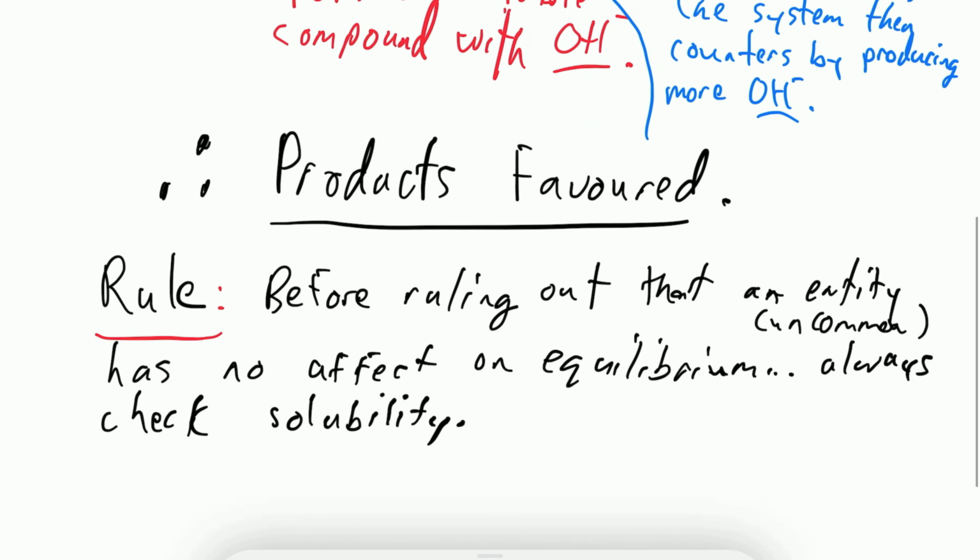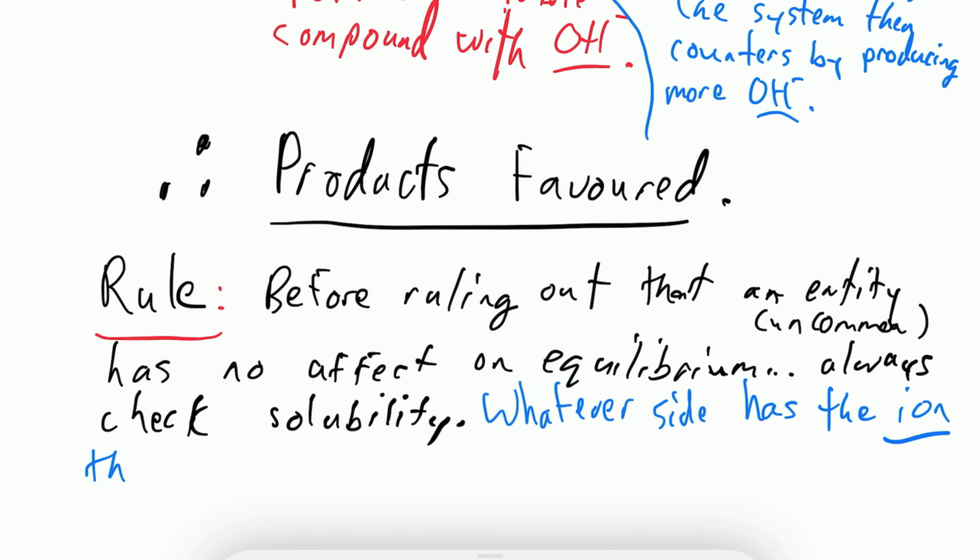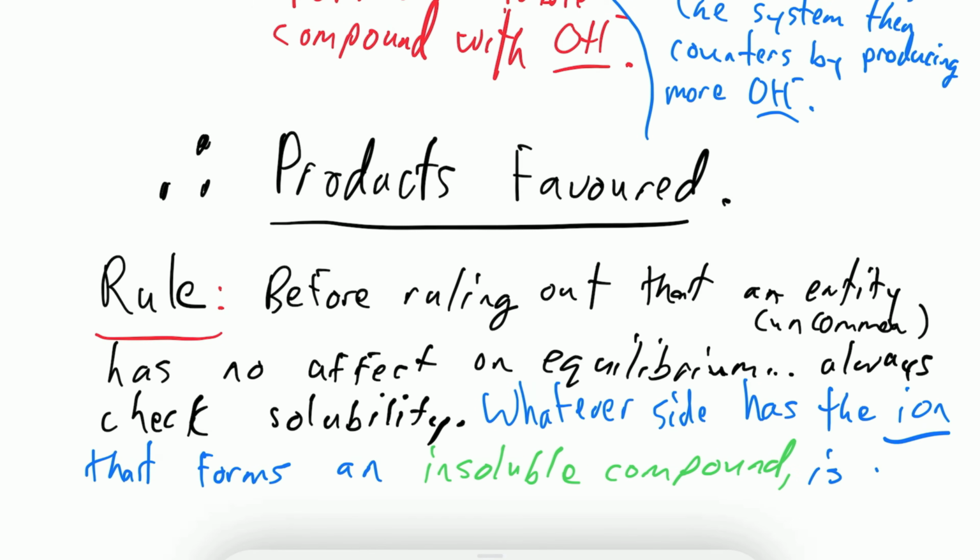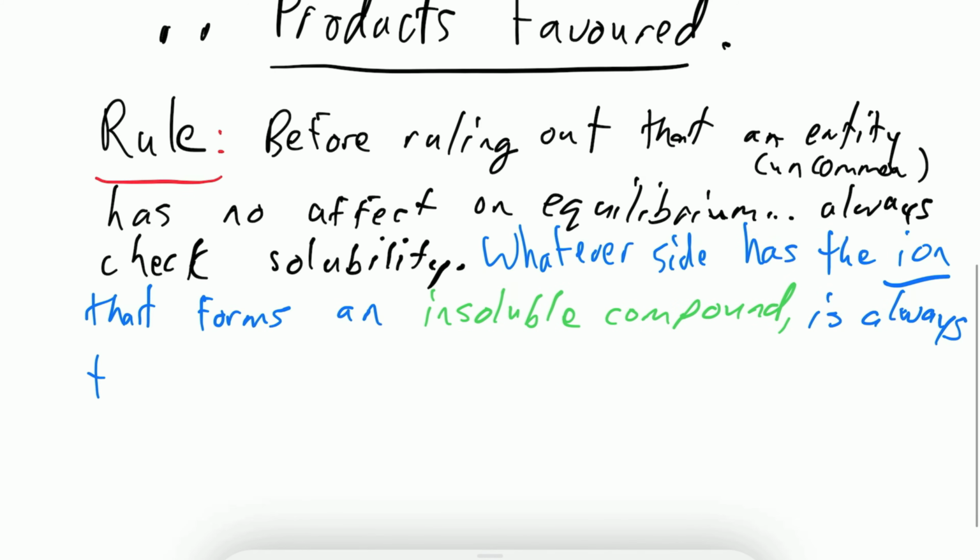Okay, and basically you can say it like this, and I'll write it in blue. Whatever side has the ion that forms an insoluble compound is always the side that gets favored.